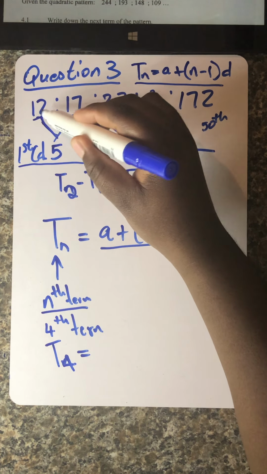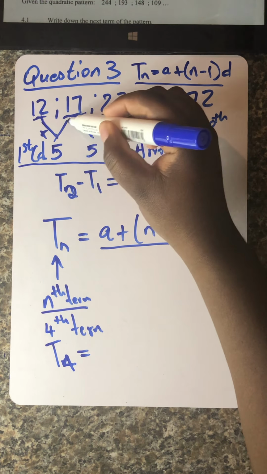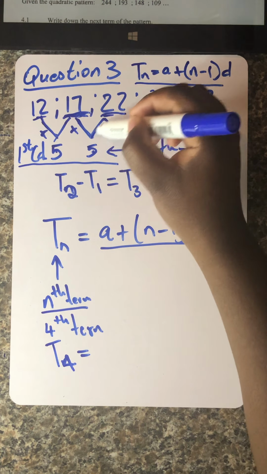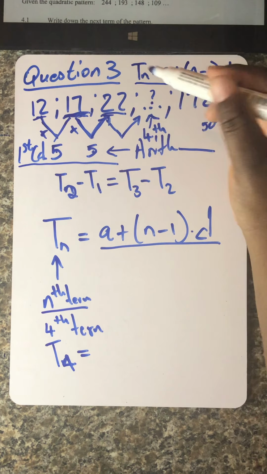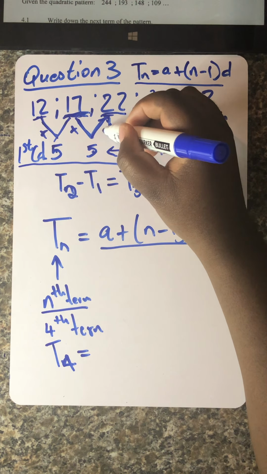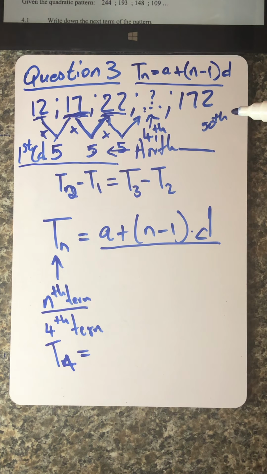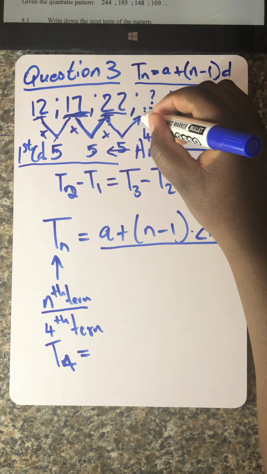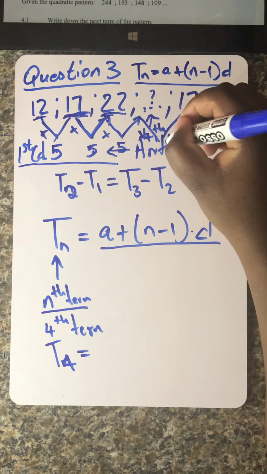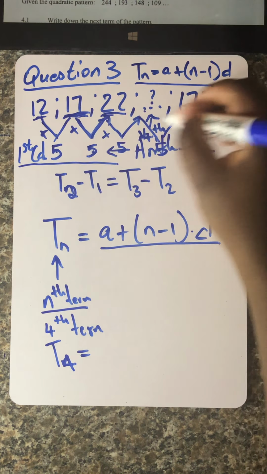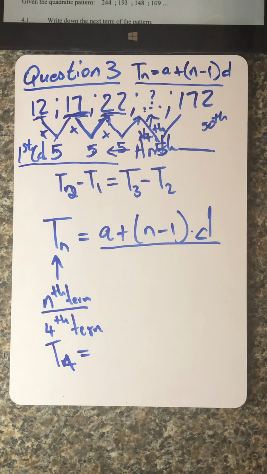So 12 plus 5 gives you 17. Then 17 plus 5 gives you 22. Now 22 plus 5 should give you term number 4. If you want term number 5, you just add 5, because 5 is the common difference throughout the entire sequence.